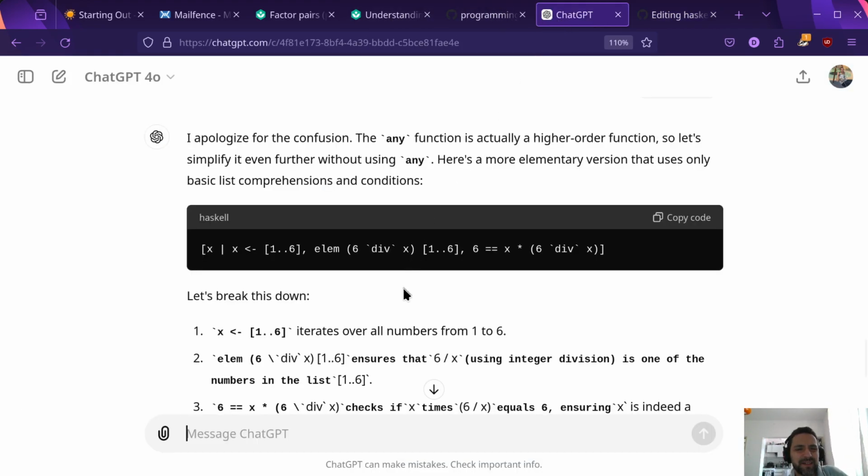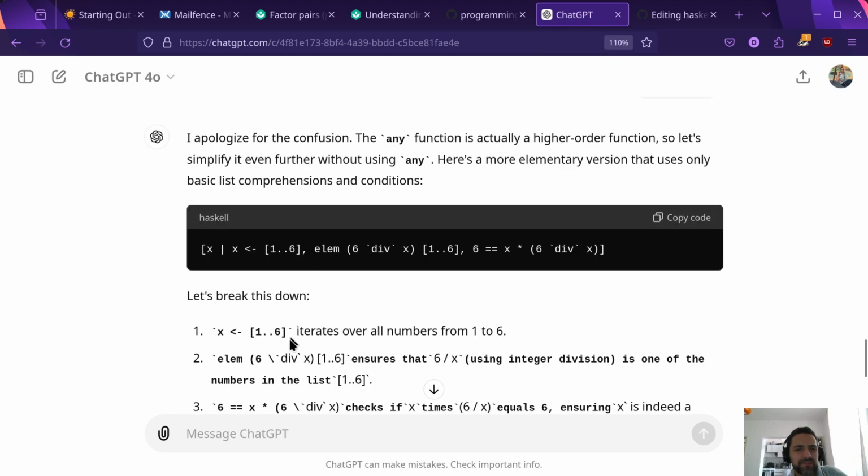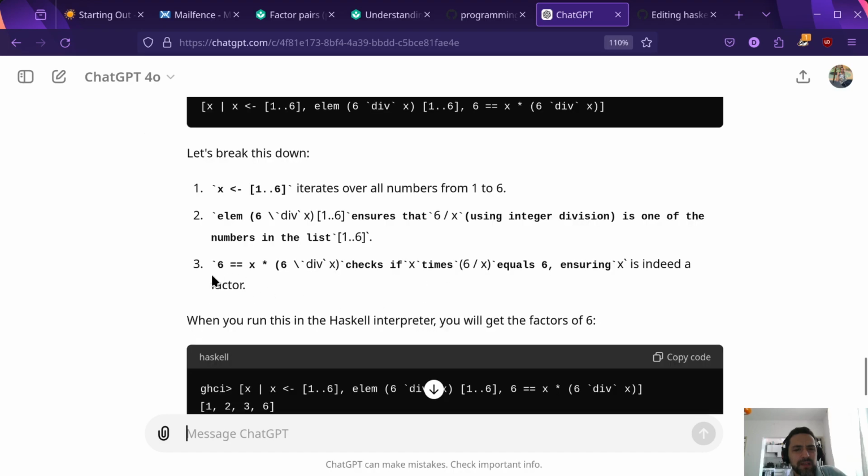It iterates over all numbers from 1 to 6. 6 div x ensures that 6, using integer division, is one of the numbers in the list. And then it checks if x times y equals 6, ensuring x is indeed a factor.